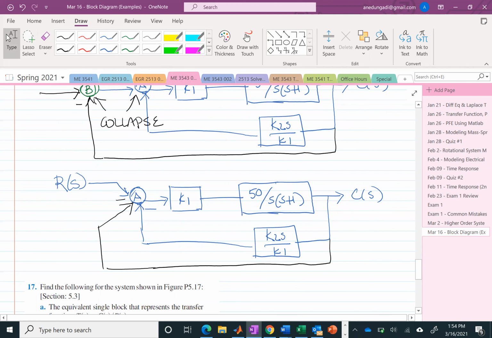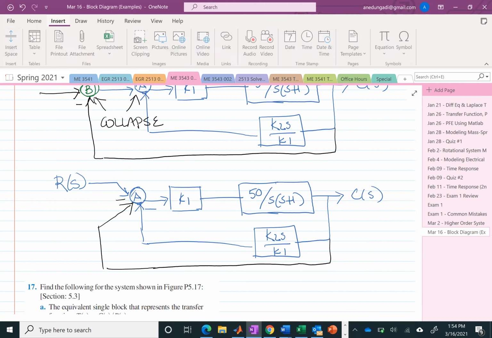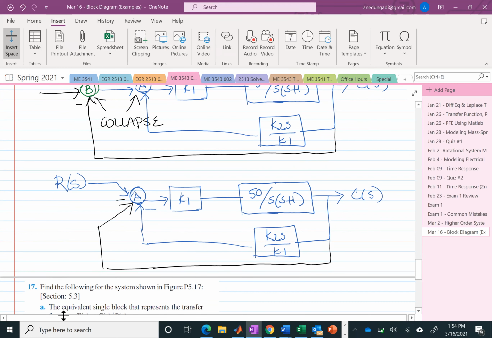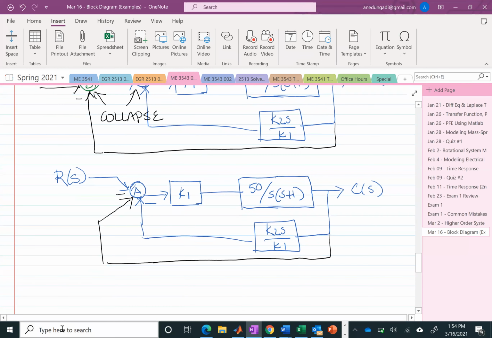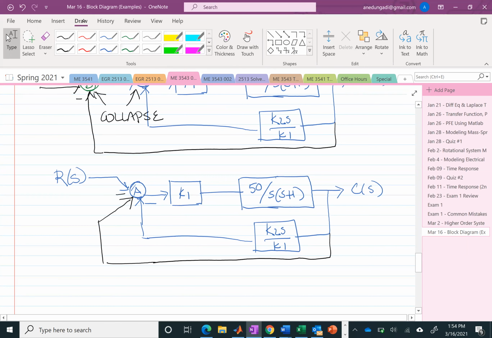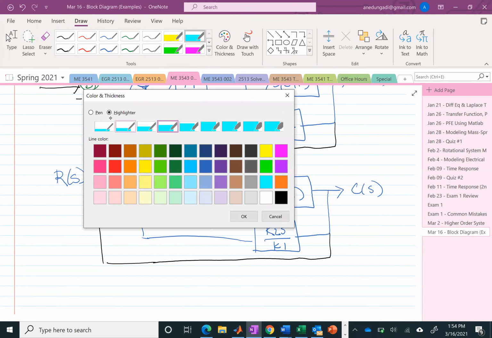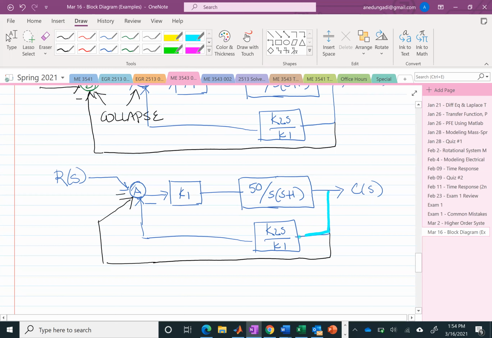And now, what do you notice? Now it's in parallel, right? This is in parallel with this.